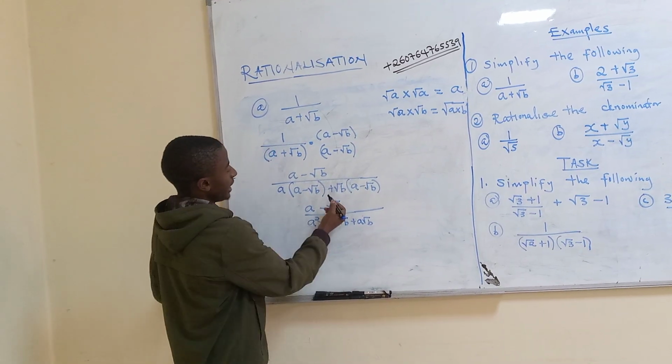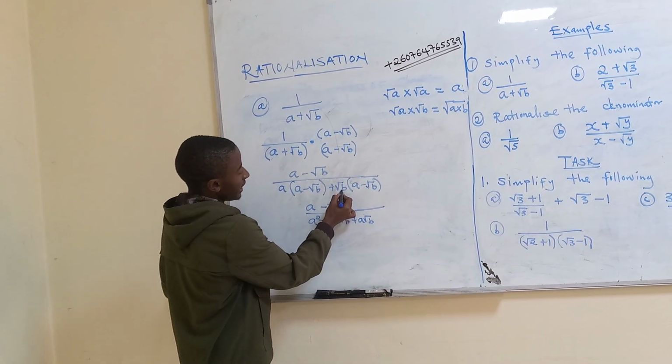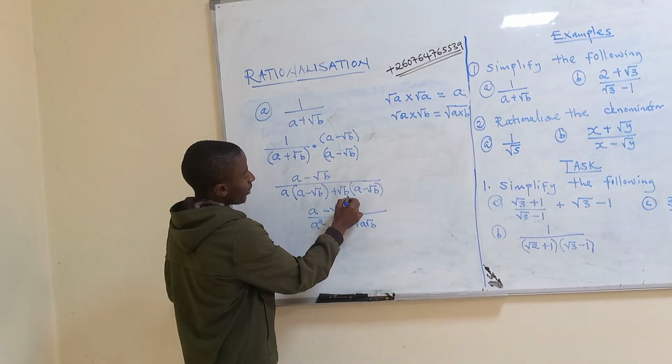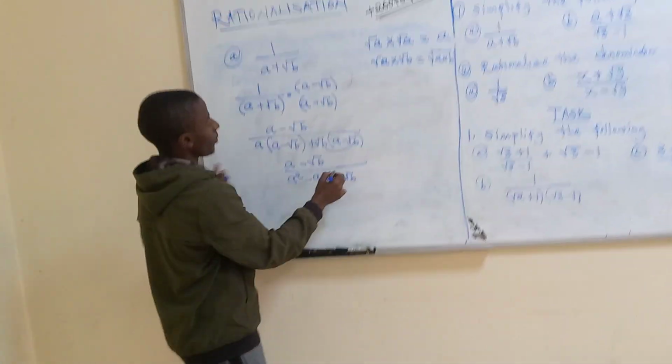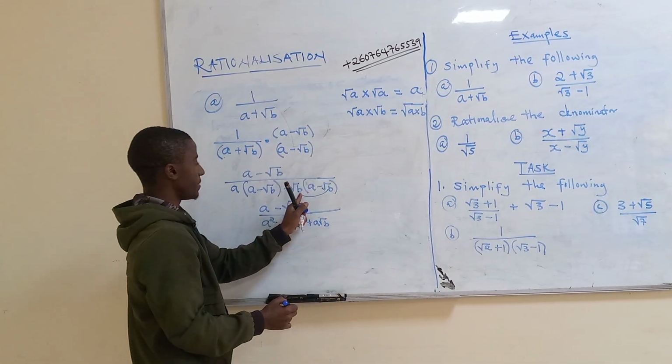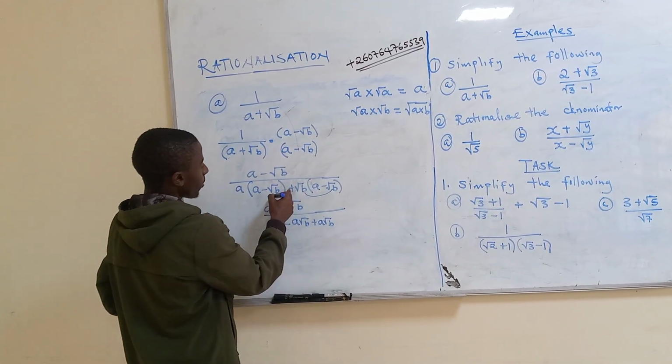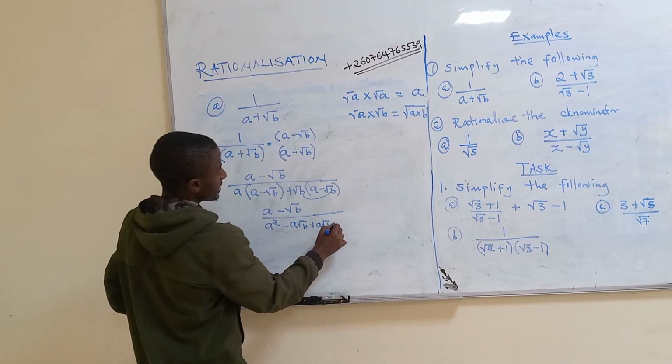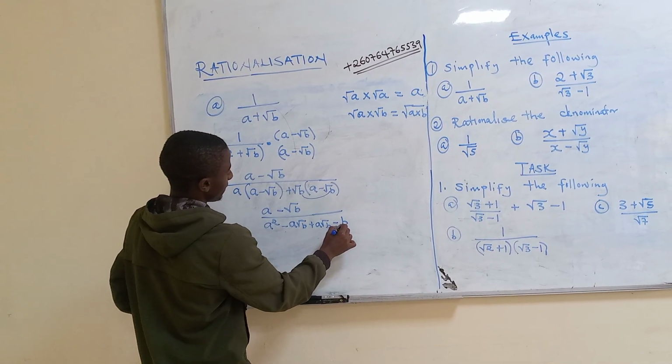And then here, since you have the terms under the square root, they are similar, meaning you obtain the common variable, which is b. Now, positive times negative is negative b.